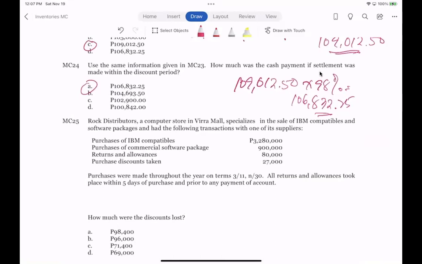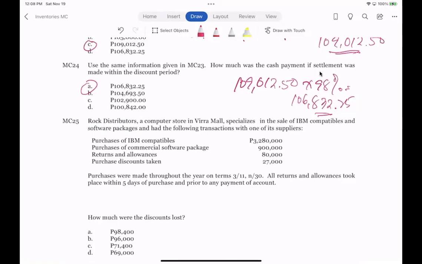In MC25, Rock Distributors, a computer store in Vera Mall, specializes in the sale of IBM compatibles and software packages and had the following transactions with one of its suppliers. The question is, how much were the discounts lost? You are given purchases of IBM compatibles 3,280,000, purchases of commercial software packages 900,000, returns and allowances 80,000, and purchase discounts already taken 27,000.